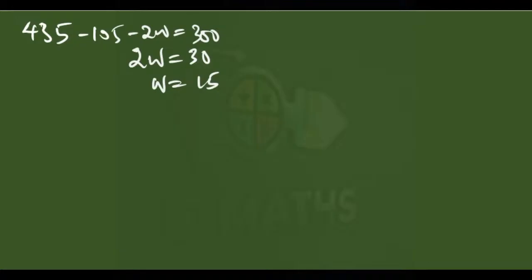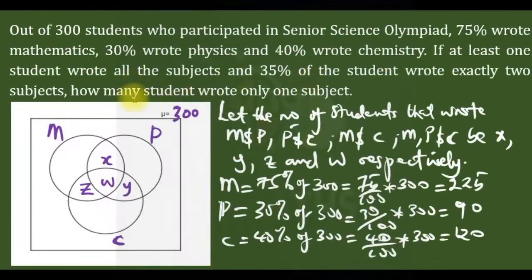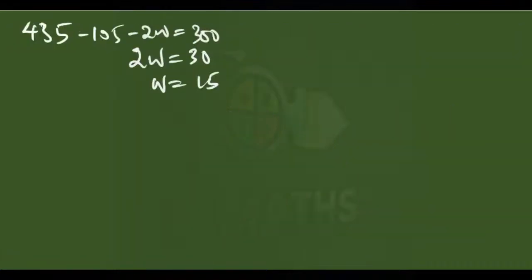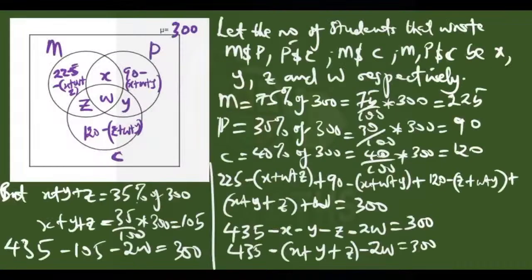So they asked us to find how many students wrote only one subject. So common sense will tell you that if you add the people that wrote one subject, which is this and this, plus people that wrote 2 subjects, which is this and this, and finally people that wrote all, it will give us 300.